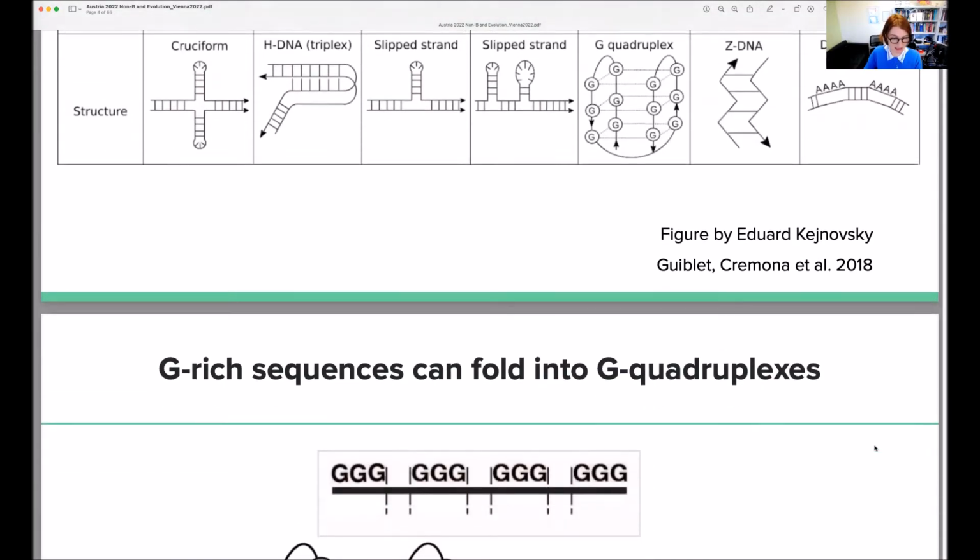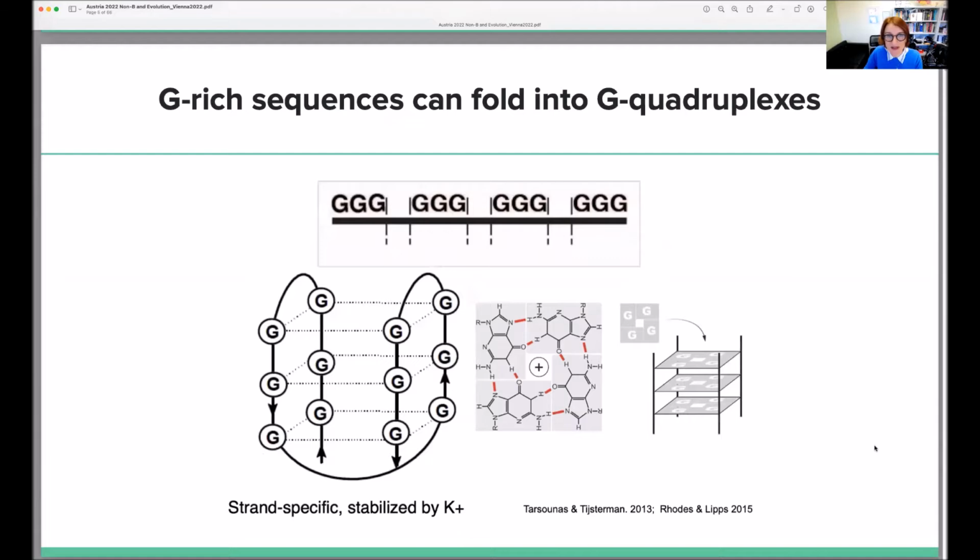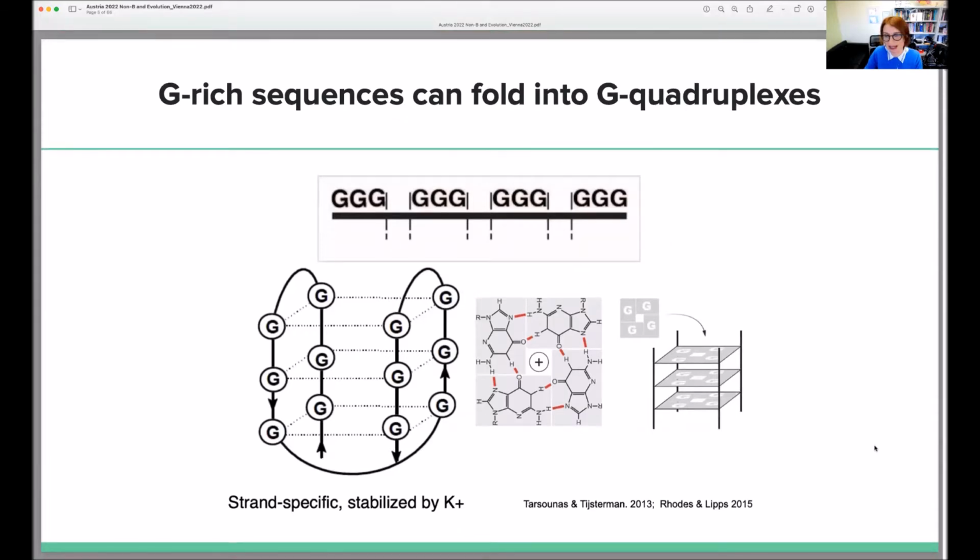So perhaps the most studied non-B DNA structures are G-quadruplexes. If in the genome there are motifs that include at least 4 stretches of 3 Gs in a row, then these Gs can pair with themselves into these planar structures.